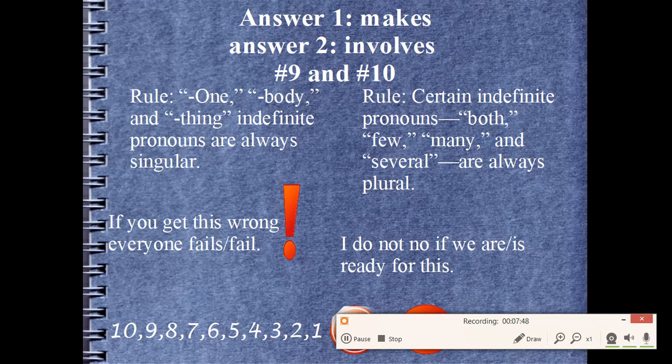Okay, on to 9 and 10. Now, I'm going to give you 10 seconds for this one because we're covering two rules which have two different questions to it. So, rule 1 is that indefinite pronouns like one, body, and thing are always singular. And rule 2 is certain indefinite pronouns, both, few, many, and several, are always plural.